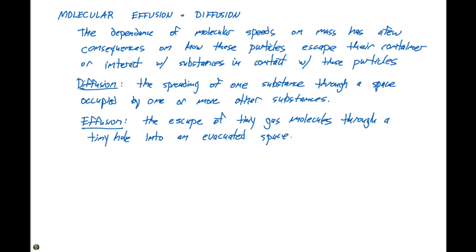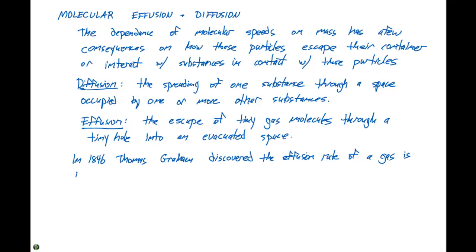So in 1846, Thomas Graham discovered the effusion rate of a gas is inversely proportional to the square root of its molar mass.